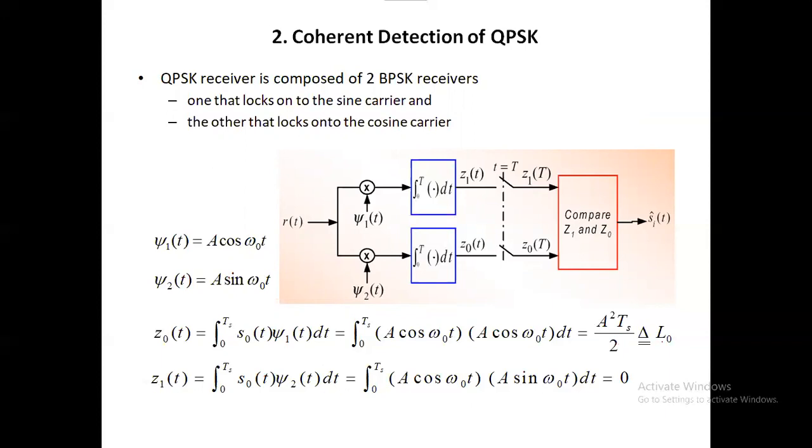We represent this as L naught, and the quadrature component is missing, so we have the zero result. So we have two possibilities, either L naught or zero.